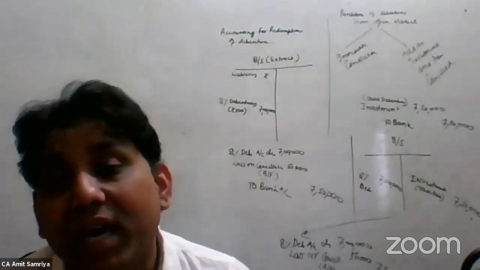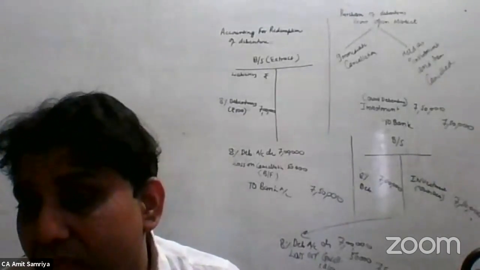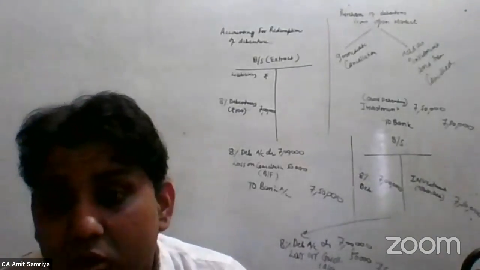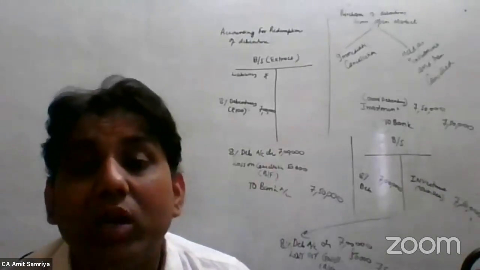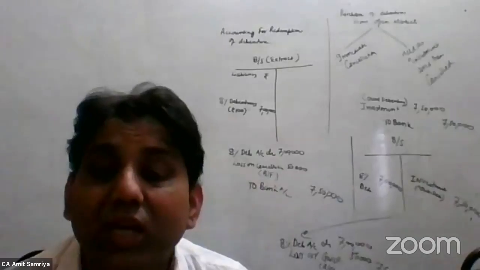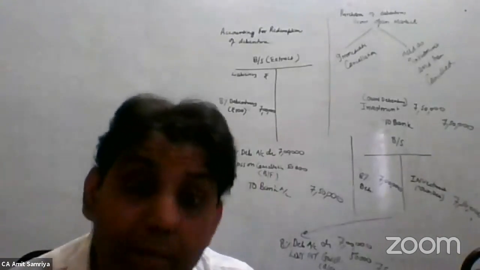Now debenture holders on 1st January sell the debentures to the company. That is, the company purchases debenture from the market on 1st January. So what will happen? The debenture holder from whom the company acquired the debentures will tell the company that he has received interest till 30th September.